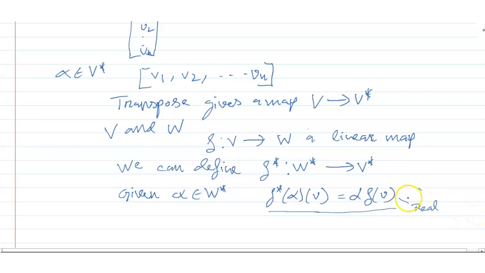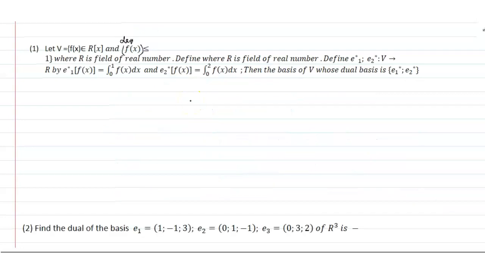So friends, now we are going to solve two problems based on the dual vector space. Let V equal the set of f(x) belonging to R[x] with degree of f(x) less than or equal to 1, where R is the field of real numbers.